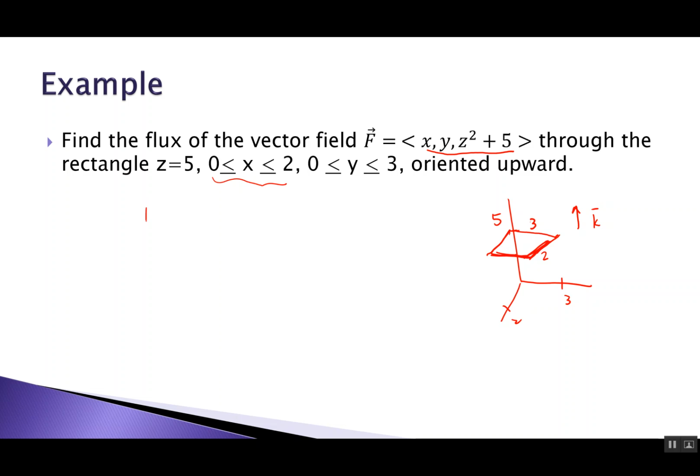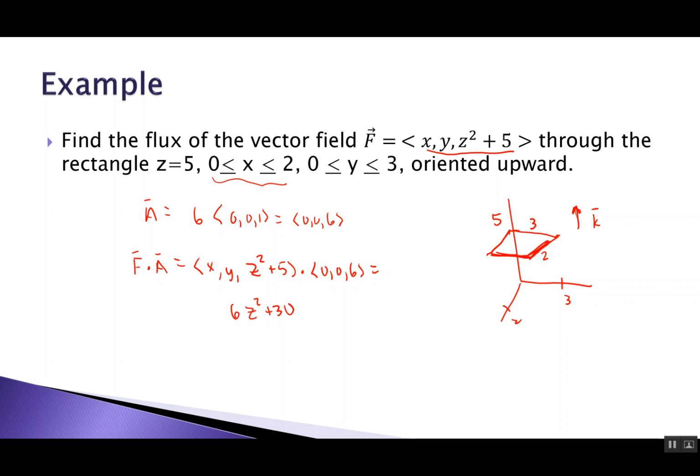And so let's calculate our A. A is going to be the area of my rectangle times a unit vector in my direction. So there's my A, and I want to dot that with F. X, Y, z squared plus 5, dotted with 0, 0, 6, is going to be 6z squared plus 30.